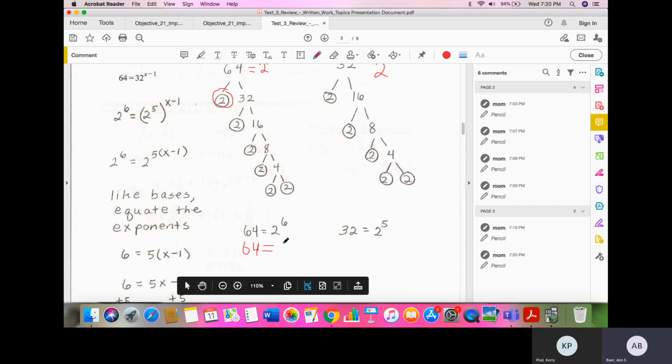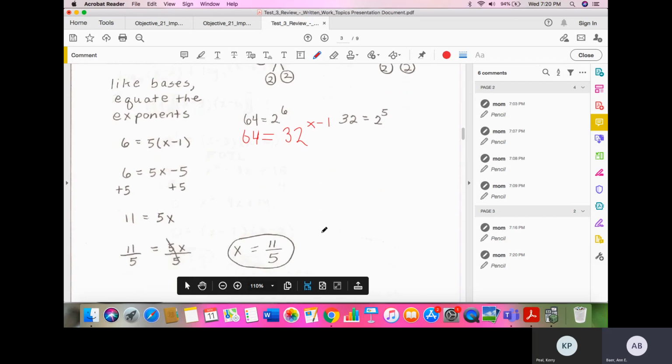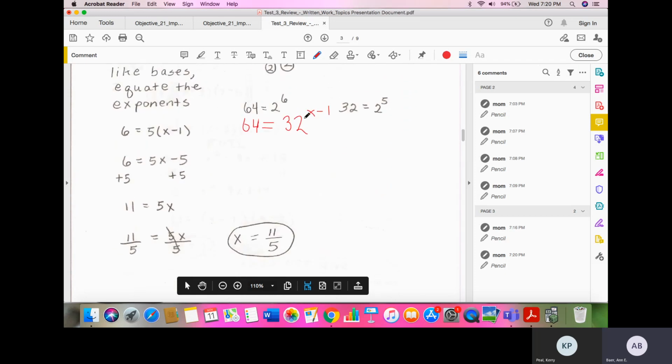This is our original equation. 32 x to the minus 1. And we think that x is 11/5. So that's what we would be putting in for x up here. 11/5.